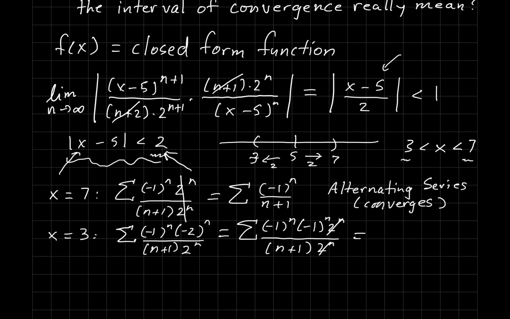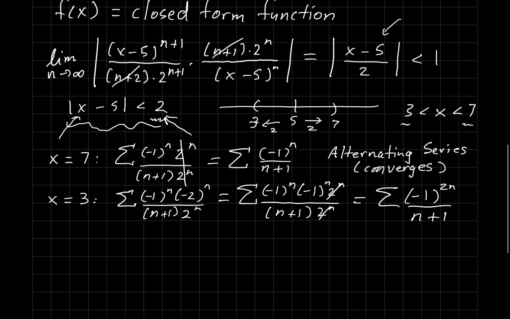I'll simplify at least one more time. So notice I have (-1)^(n plus n), or (-1)^(2n), over n plus 1. 2n is even. (-1) to an even power is always +1.